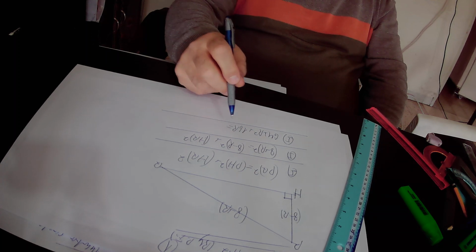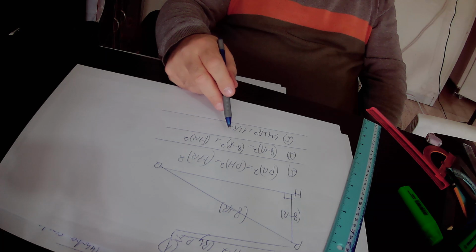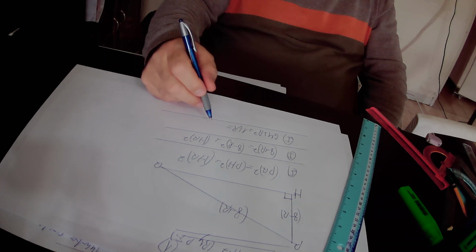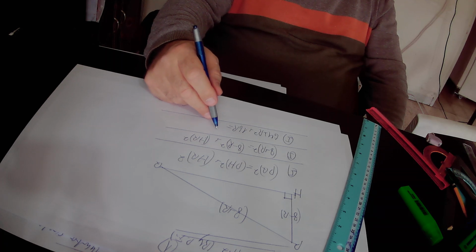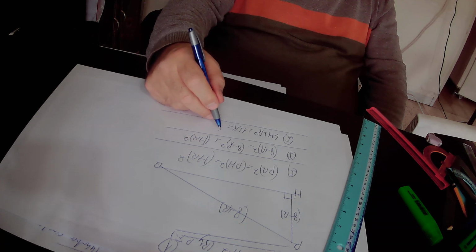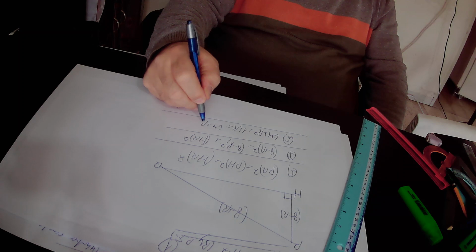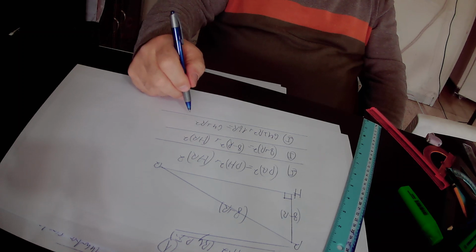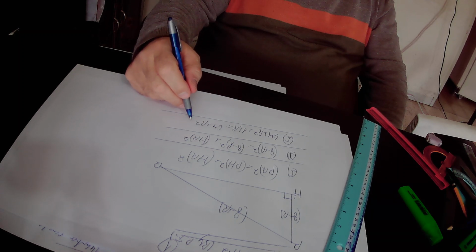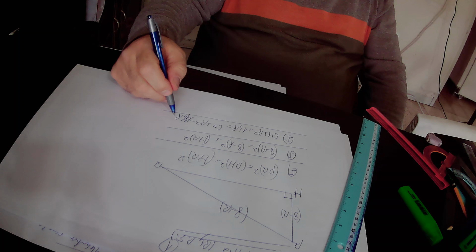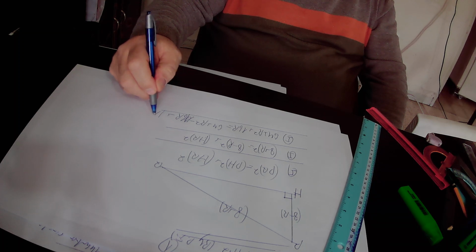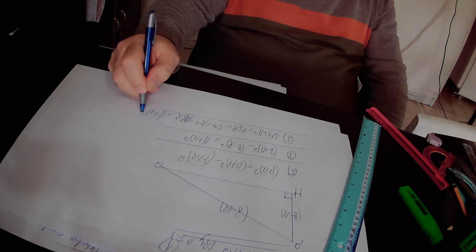On the other side of equation 1, we have (8 minus R) square, which equals 8 square, that is 64, plus R square, minus 2 times 8 times R, that is minus 16R, plus HQ square. HQ is the missing side, so we leave it as it is.